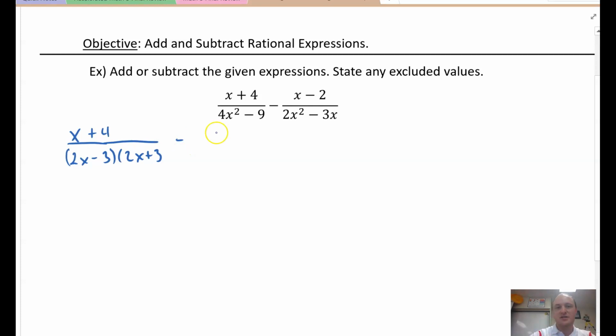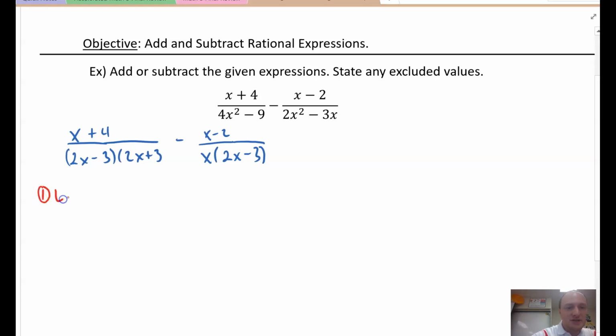Now I want to subtract x minus 2 over, and I'm going to go ahead and factor out a GCF of an x, leaving behind a 2x minus 3. Okay, and it's important to go ahead and factor right away, right? So now we can find the LCD.